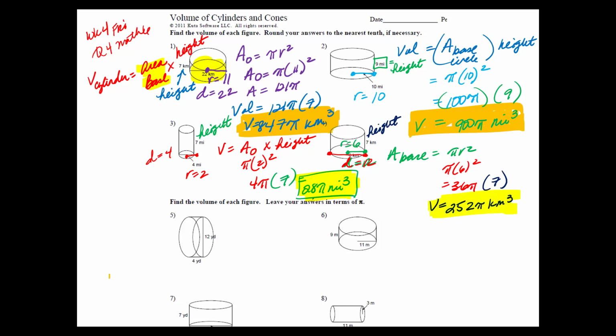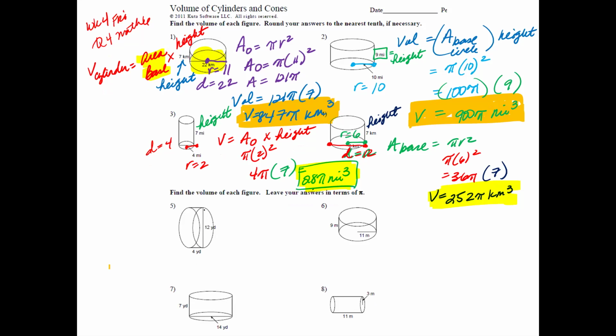All right, number 5. You see how this is now tilted on the side? What is your radius? No, that's your diameter. Diameter is 12. What's your radius? Yeah. Volume is the area of the circle times height, right? Area of the circle is pi r squared.